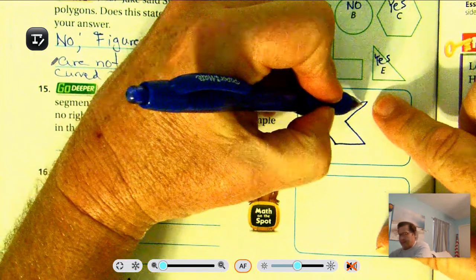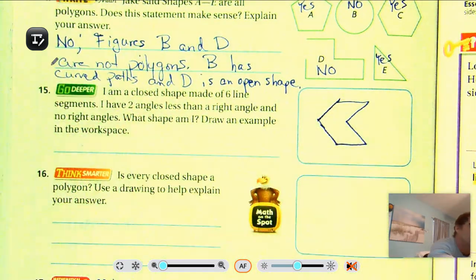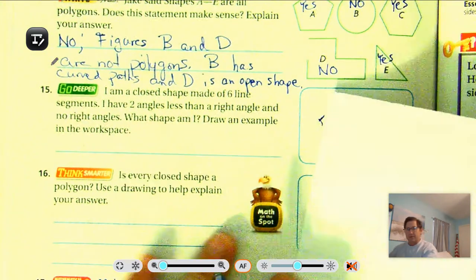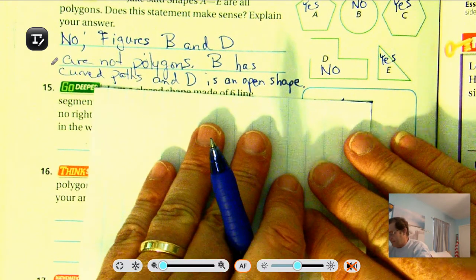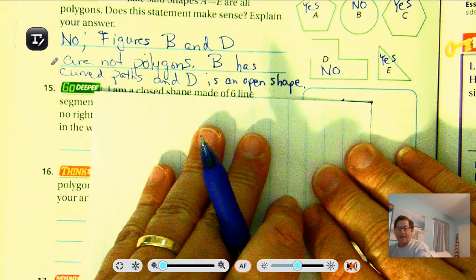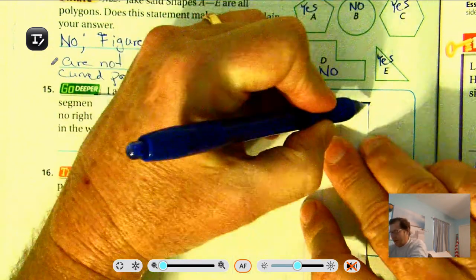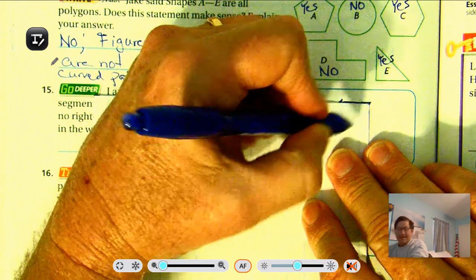So this here, get my little tool from our previous lesson. I want to check to make sure I have an angle less than a right angle. So I'm lining up my paper with the line segment. The point of my paper is at the vertex of the line segment, and I can't see the other side.